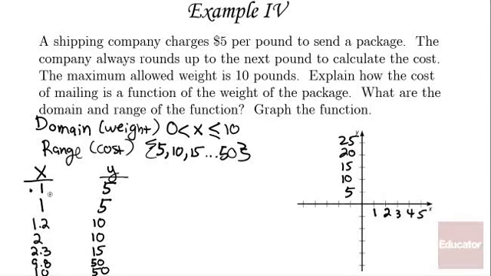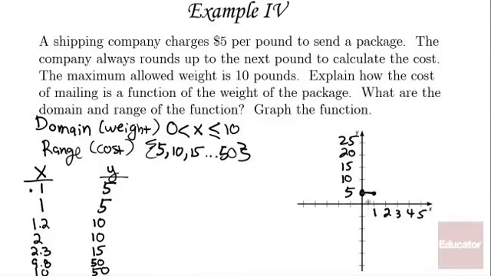If I have a package that is anything over 0, maxing out at 1 pound, it's going to be $5. So that's going to be an open circle at 0, ending with a closed circle at 1, at $5. So a little bit above 0, all the way up to 1 pound, that's going to be $5.